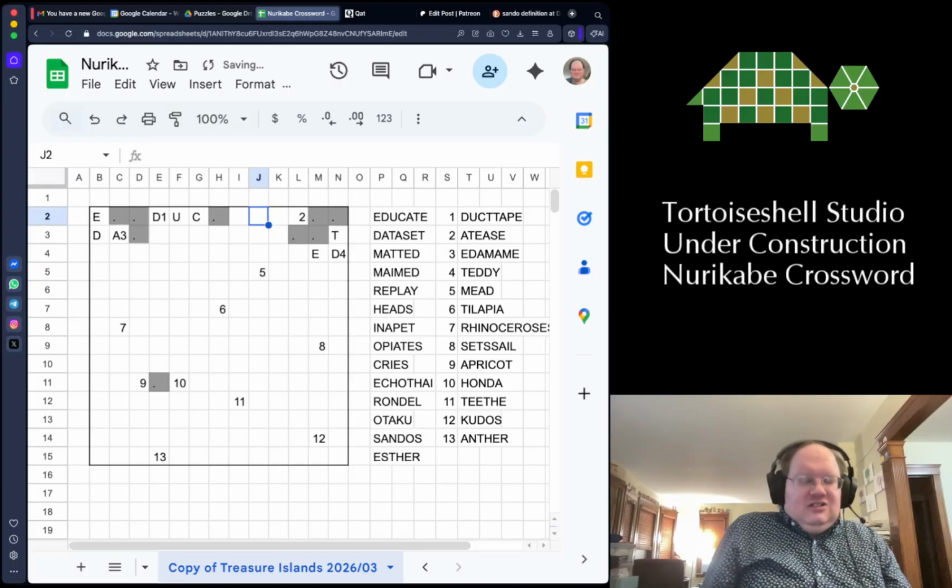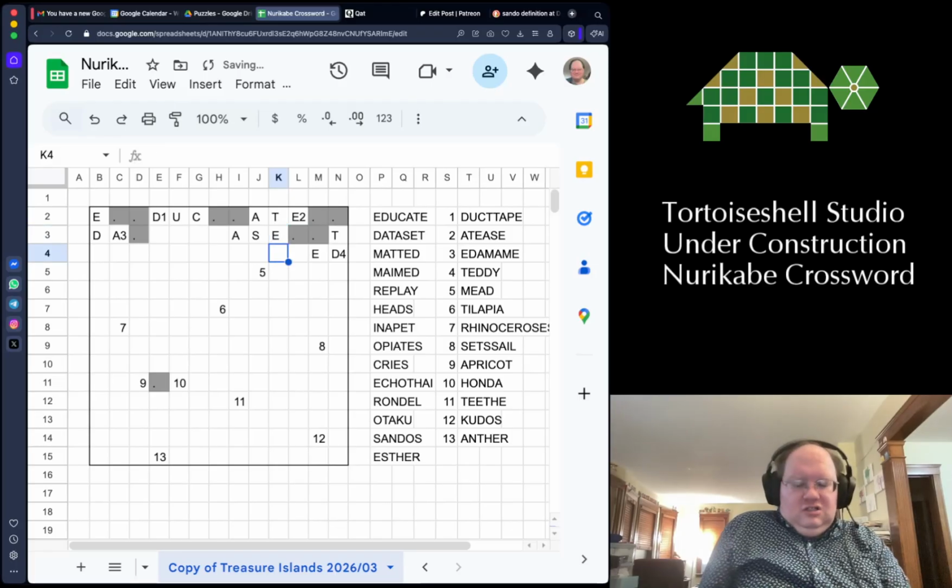All right, so since it's at the top, do that, and we can also get ASE. I don't know where the T of data set is going yet.